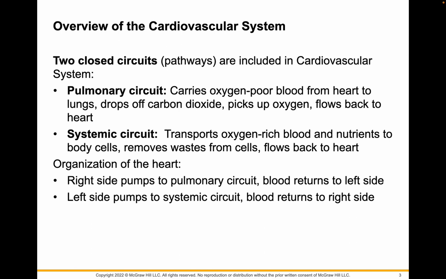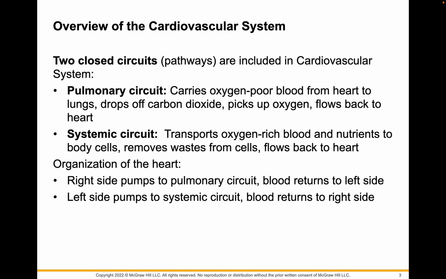And so now we're going to take that oxygenated blood, that oxygen-rich blood, and move it to all the body cells in the systems. And those systems will take that oxygen and nutrients and release waste in the form of CO2 and other things. And we'll take that waste back to the heart, where then we can send it to the pulmonary circuit, where it releases that CO2 waste and picks up oxygen again, and we would just repeat.